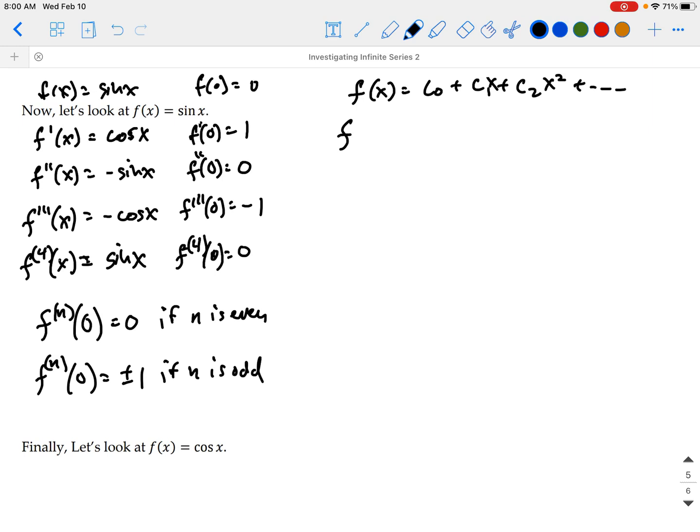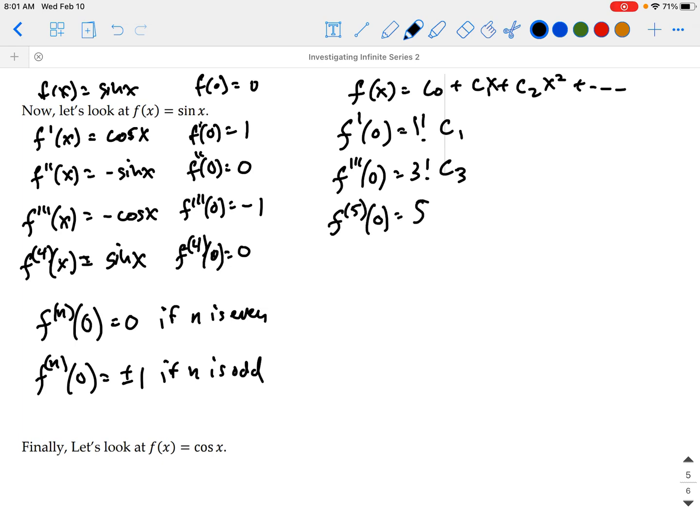So f prime of 0 is going to be 1 factorial c sub 1, or just c sub 1. F triple prime is going to be 3 factorial c sub 3. Fifth derivative is going to be 5 factorial c sub 5. Right? But we can see that we're just going to be equal to 1, -1, or 1.